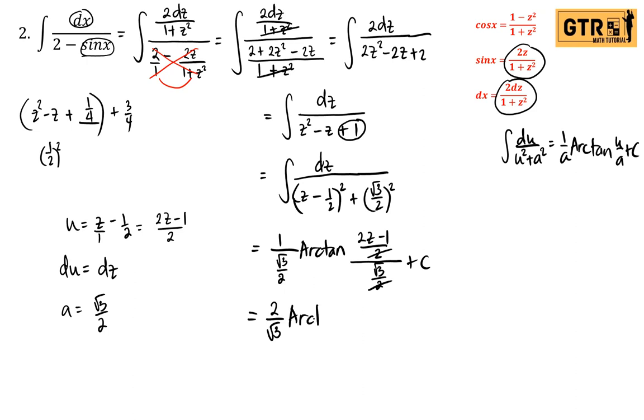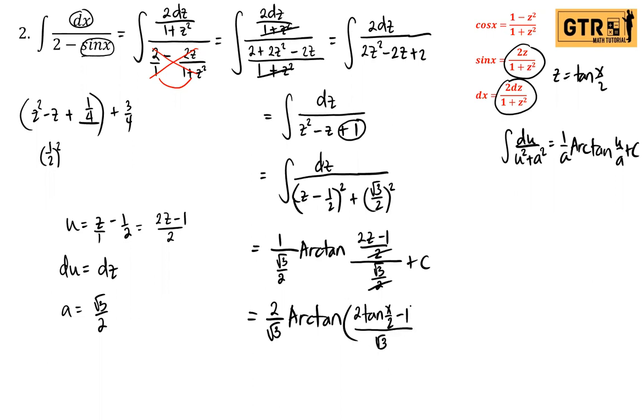And then arctangent. So 2z minus 1. So we have 1 over square root of 3. Or let's substitute the value of z. The value of z is equal to tangent x over 2. So therefore, we have 2 times tangent x over 2 and then minus 1 over square root of 3.